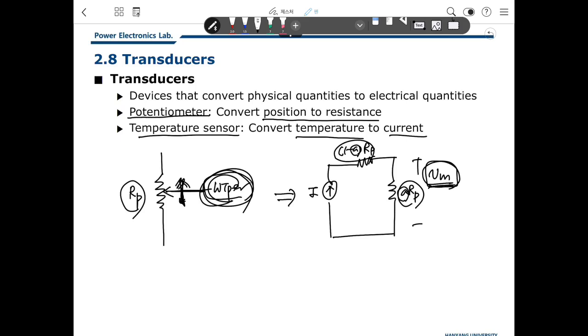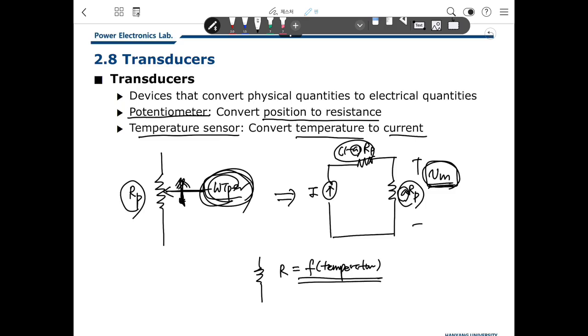The temperature sensor is very similar. Some resistors have R values that are a function of temperature. Actually, resistance depends on temperature.